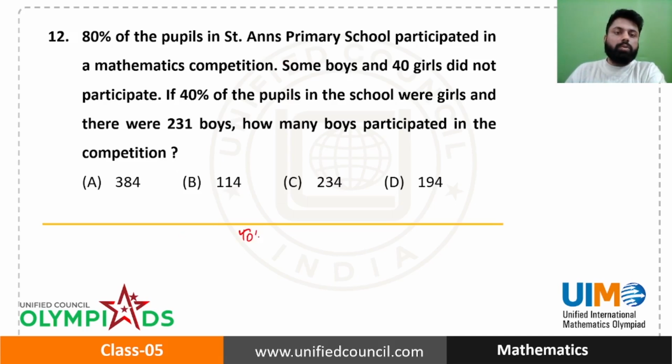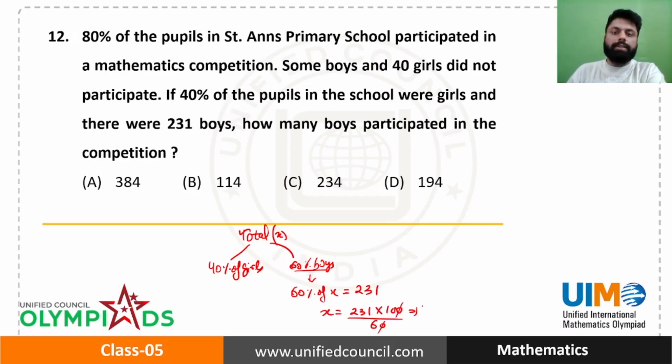So see, total students, 40% are girls, so technically 60% are boys. Now 60% of x, let's say x is total, is equal to 231. So x is equal to 231 multiplied by 100 upon 60. 0 will get cancelled out.